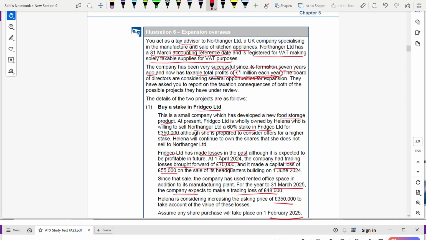So Frisch company is wholly owned by Helena, who is willing to sell for 350, although she is prepared to consider offers for a higher stake. Helena will continue to own the shares that she does not sell. Helena, an individual, is owning. That's why.